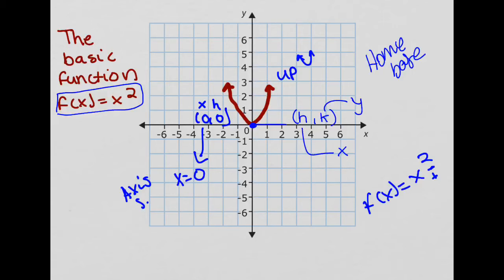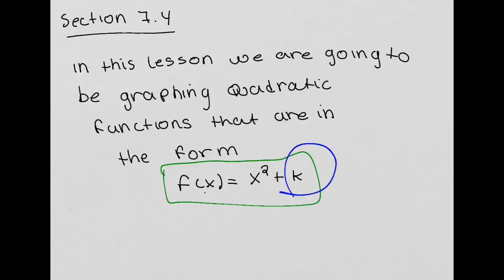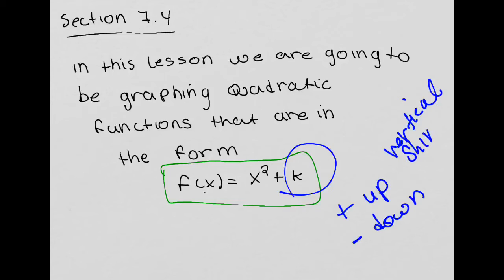And that's the first thing we're going to look at, because we're looking at plus k. That means if you add, you're going to go up. If you subtract, you're going to go down, and that is a vertical shift. Sorry, not horizontal, that's a vertical shift. So you're going to make a change in the y axis. So you're going to go up or down.